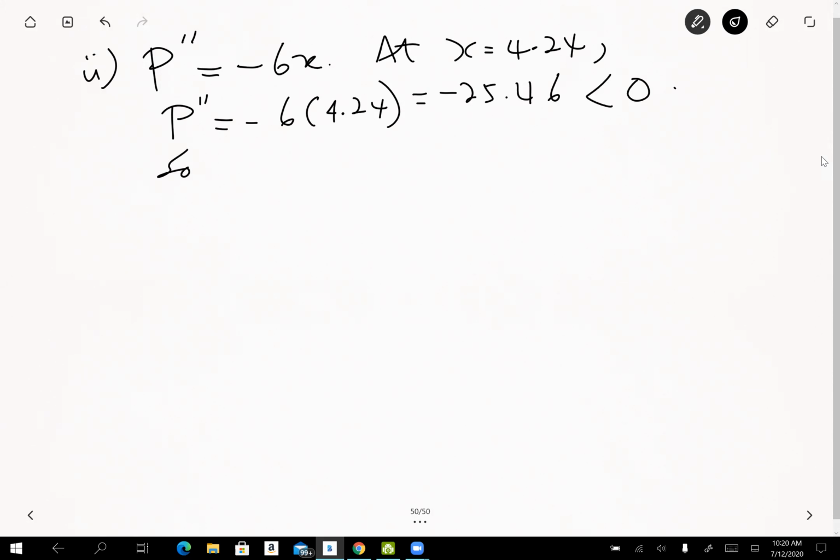So the profit function has a maximum, or profit is maximum, at x equal to 4.24.